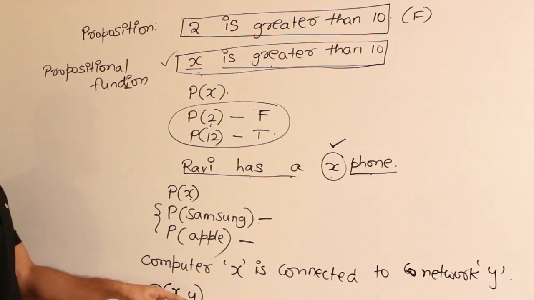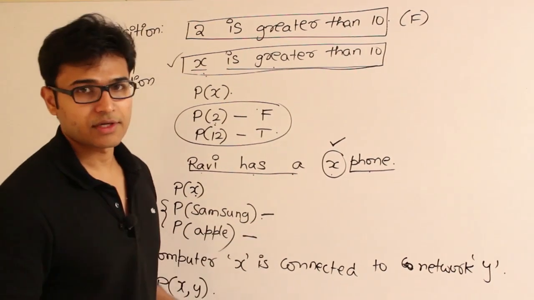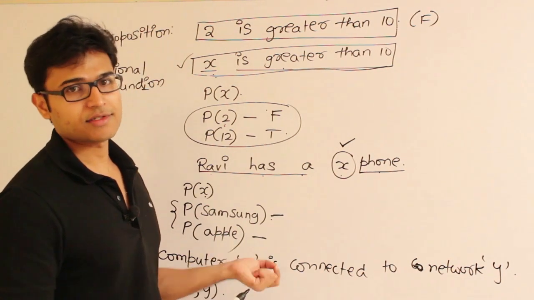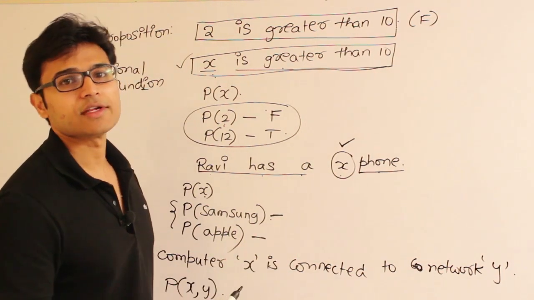Now how can I make it a proposition? By substituting the values of x and y. Once I substitute the values of x and y, then depending on the characteristics of x and y, I can assign true or false values, right?